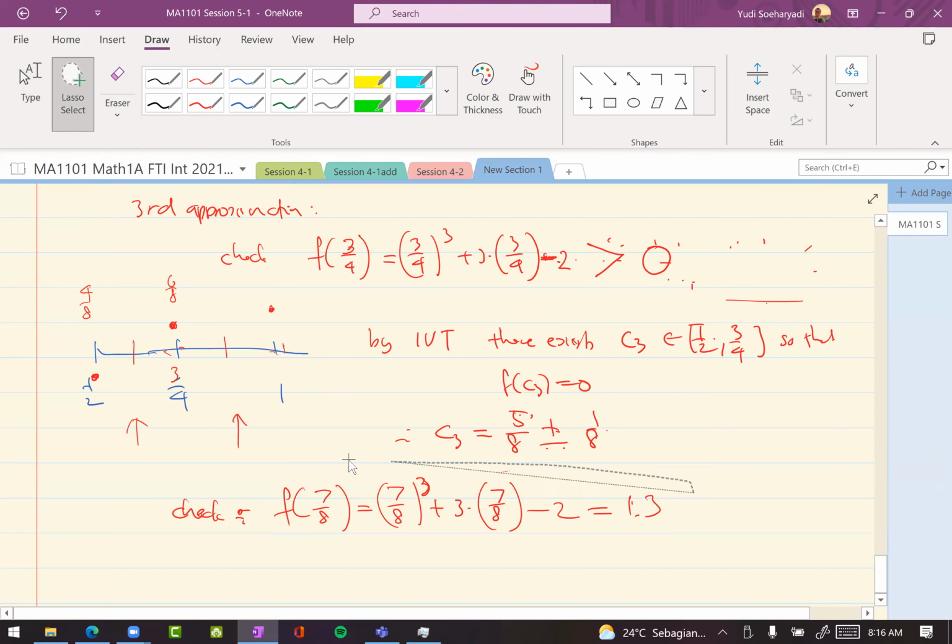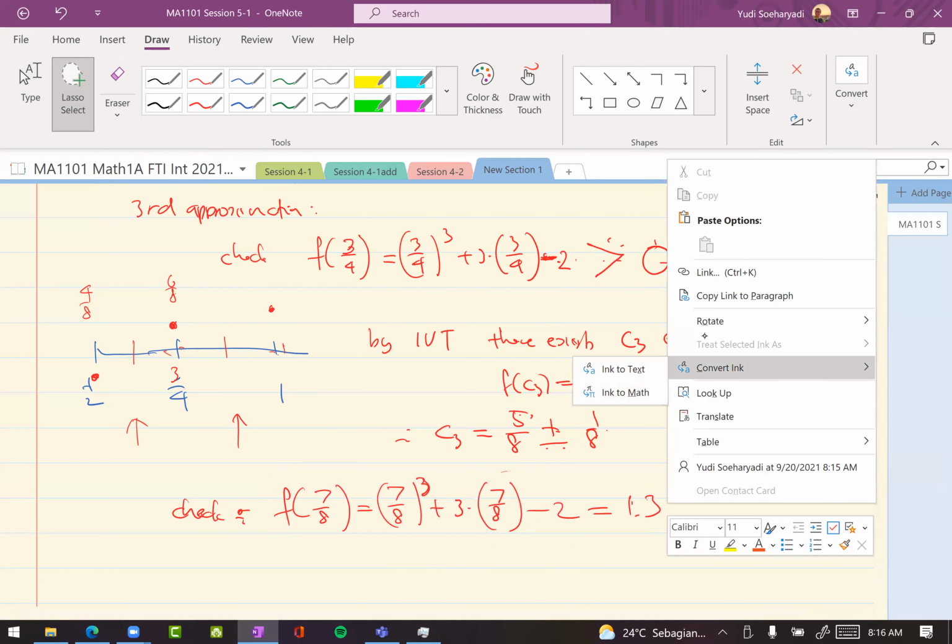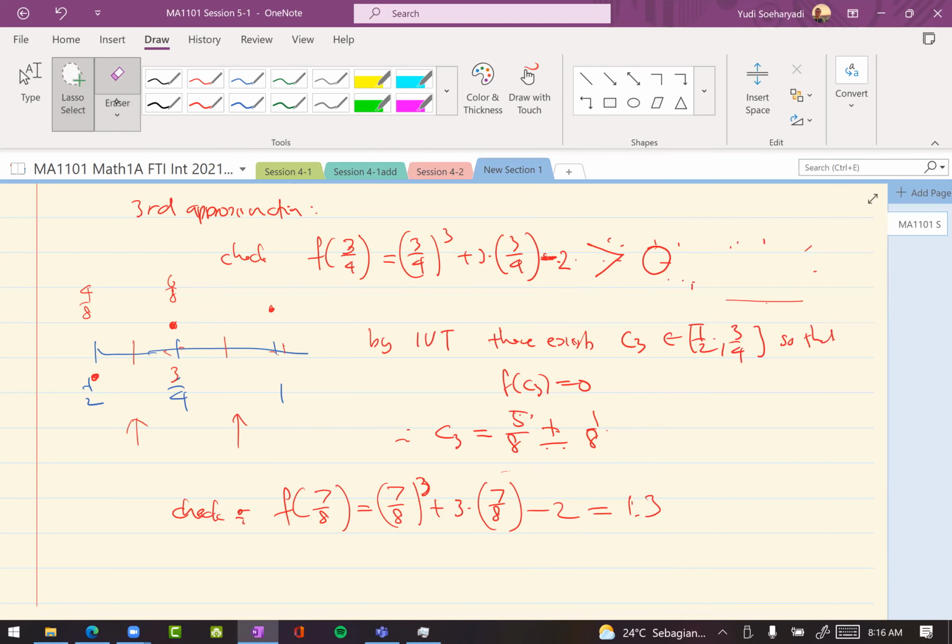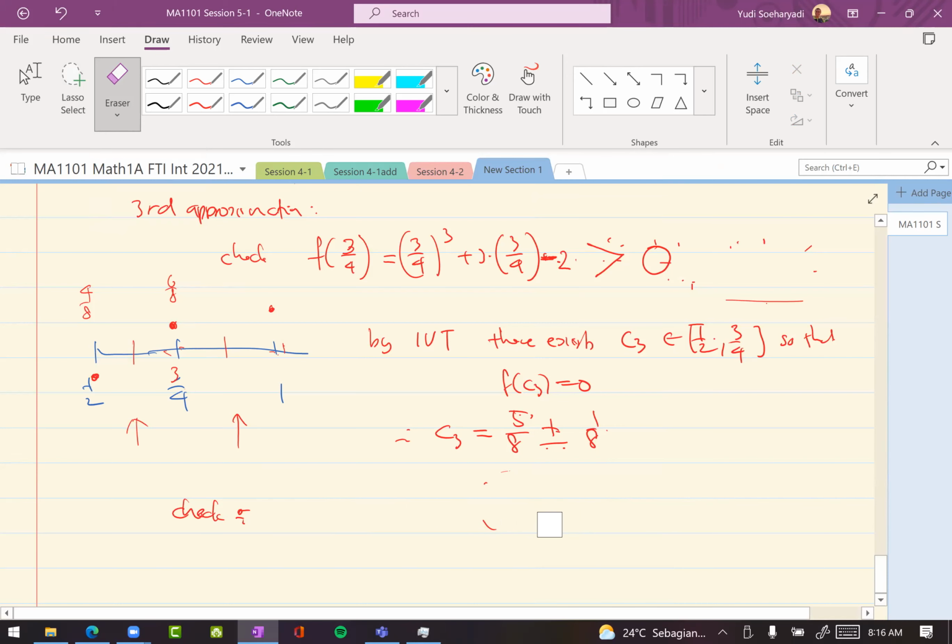Sorry, I want to erase this one. So what we need to compute here is just this one. All right, so f of 5/8. Okay, so it is f of this 5/8.